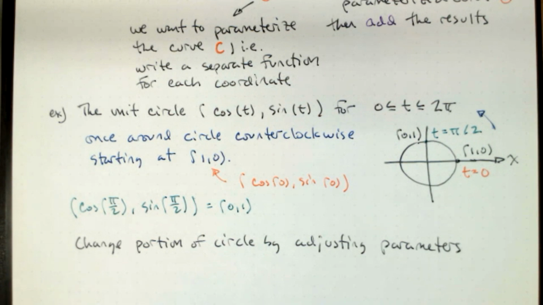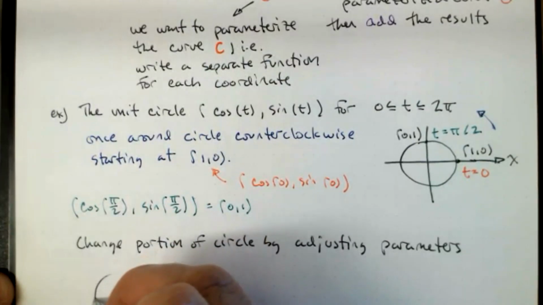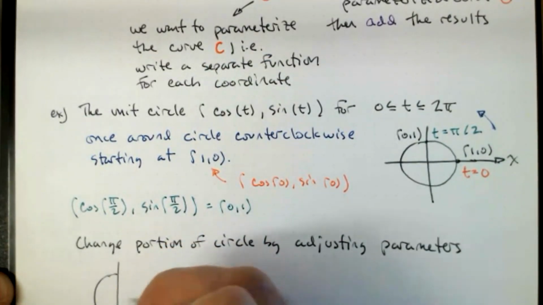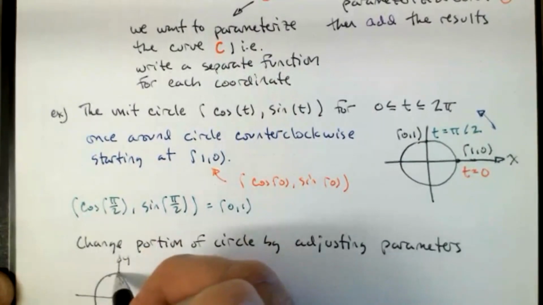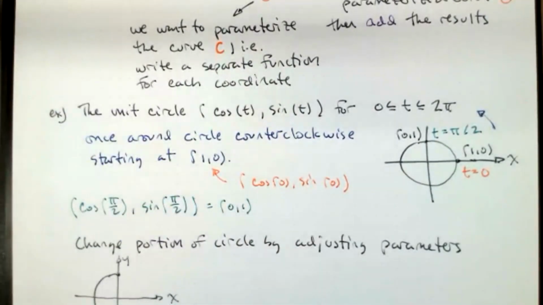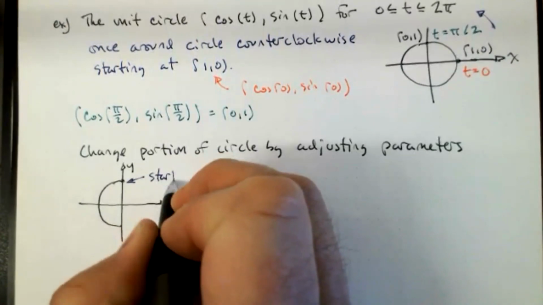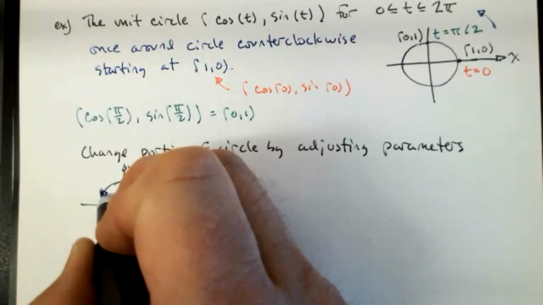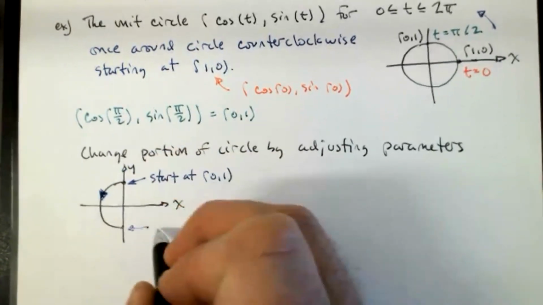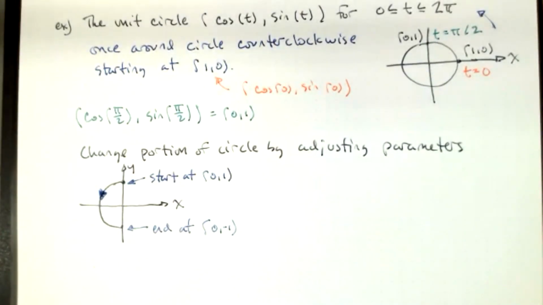So if, for example, I want to start off at 0, 1 and end at 0, negative 1, if I want this left half, I start, keep going counterclockwise, and end at 0, negative 1.